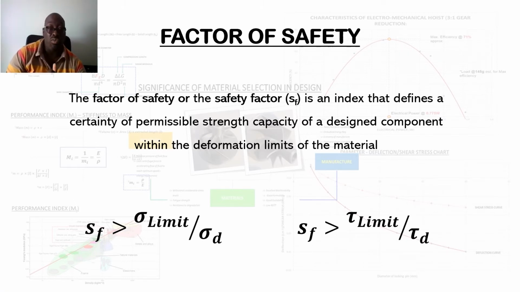So ideally, you want this value to be greater than 1. So you're looking at the design stress, or the working stress, to be considerably smaller in comparison to the fail limit of that given component with respect to the material it's been fabricated from.